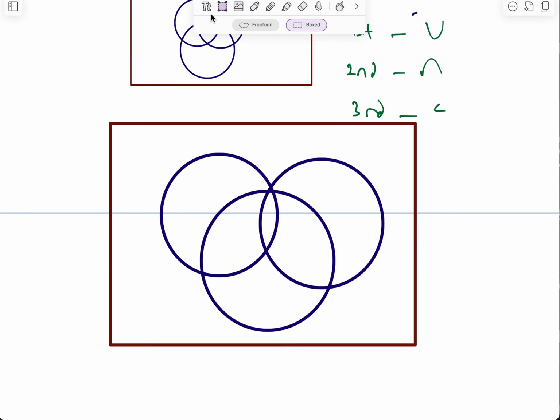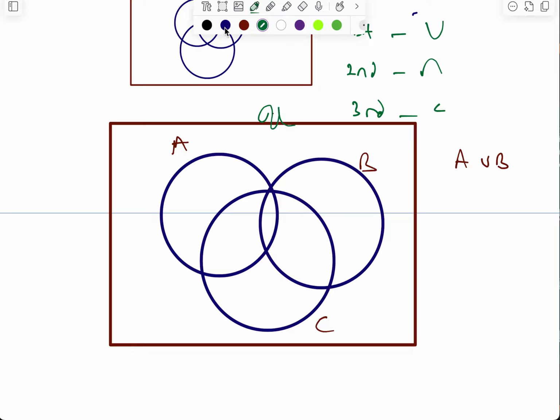Union does not really care about any other thing. For instance, if I want to shade A union B, let's say this is set A, this is set B, and this is set C. Of course, this triangle represents the universal set.